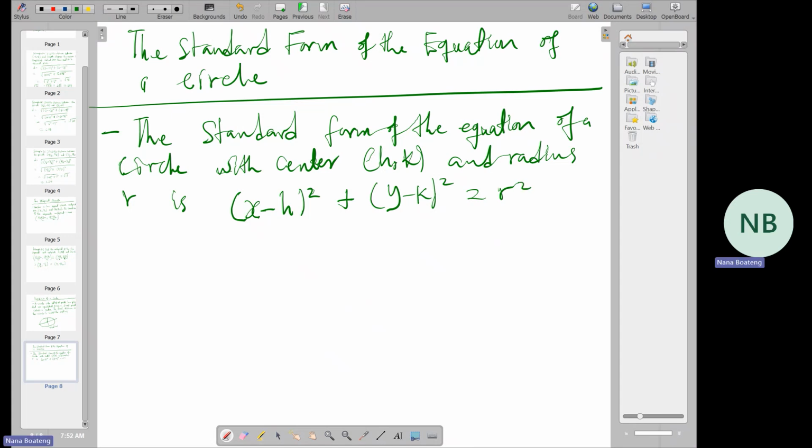All right. So this is a general form of an equation of a circle.